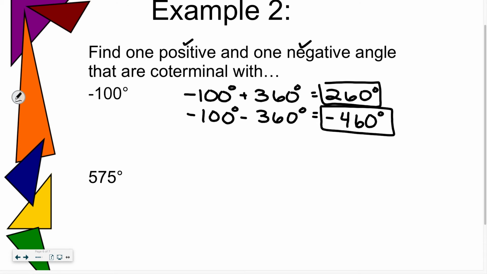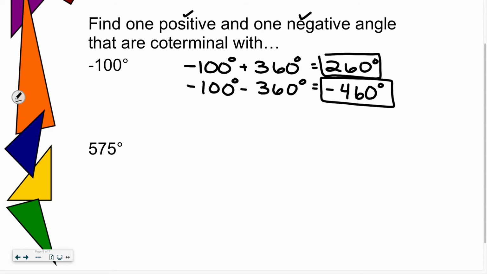Yeah. Okay. What about 575 degrees? What would you guys do to get the positive coterminal angle? Can't you subtract 360 and get a positive? Yeah, you say 215? Okay.